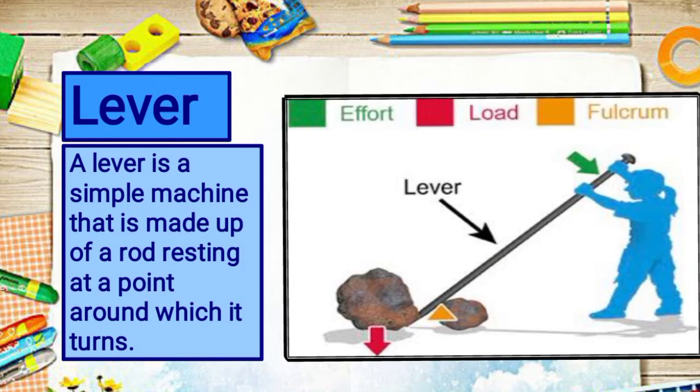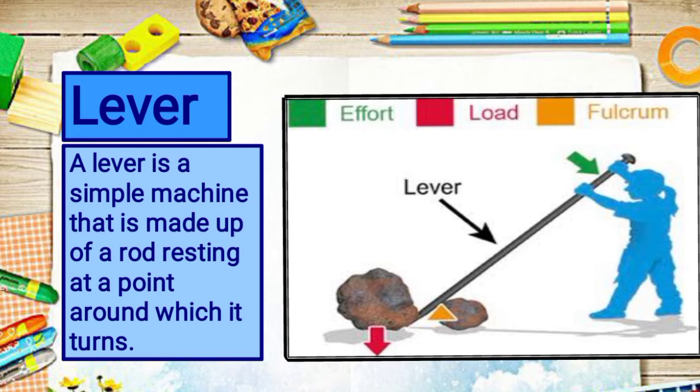First is lever. A lever is a simple machine that is made up of a rod resting at a point around which it turns. It is used to lift or move heavy weights, cut things, or open the lid of a tin.